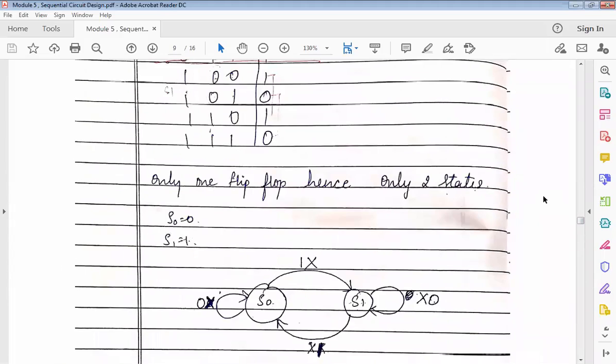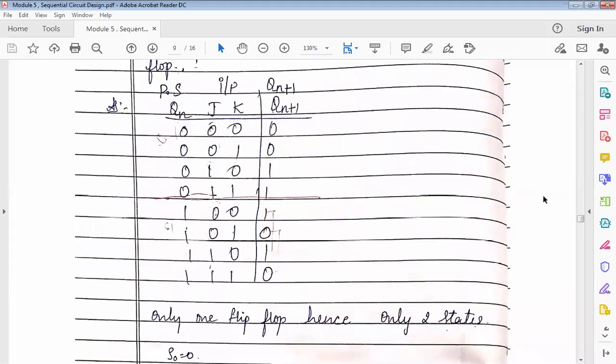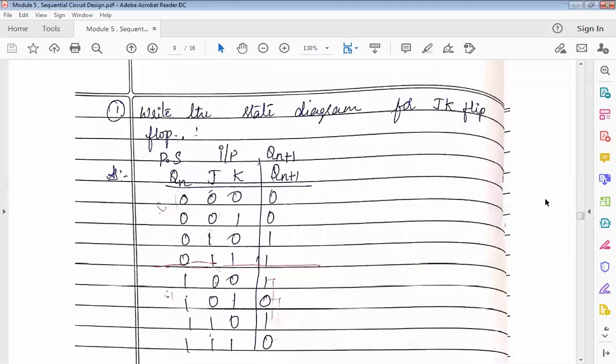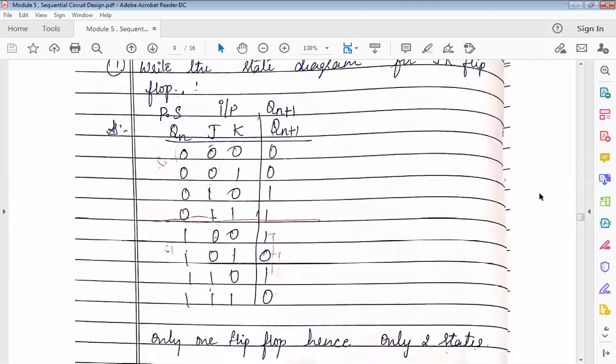It was about finding out the state diagram of your JK flip-flop, right? So ultimately, what we should try to do here is look for similarities and group them. We should not look for drastic changes happening at every point of time.